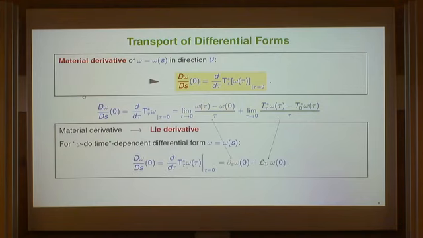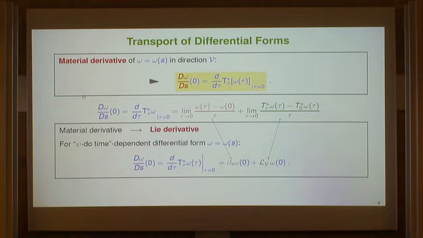So the first one is just the differentiation of the form with respect to pseudo-time, because the pullback for tau equals 0 is just the identity. And the second is, well, the form is not differentiated, but we differentiate the pullback.